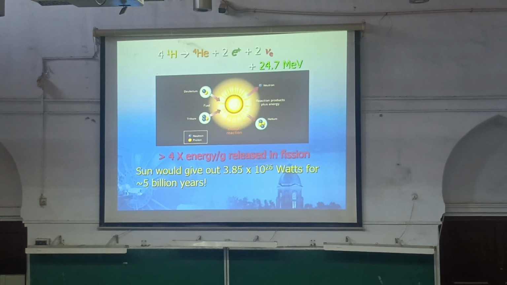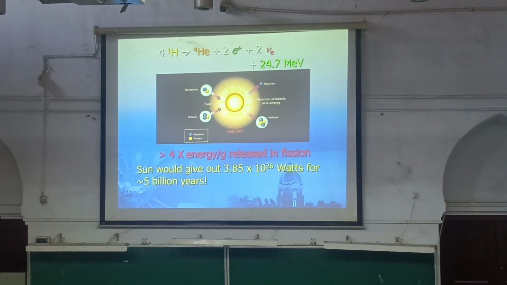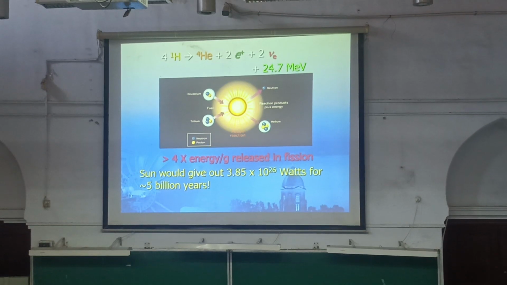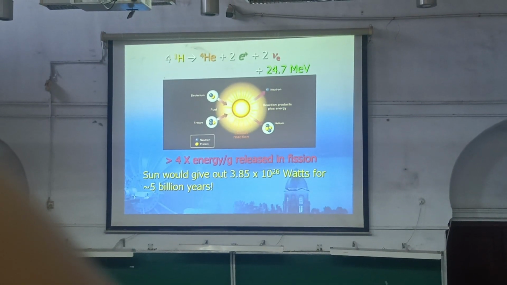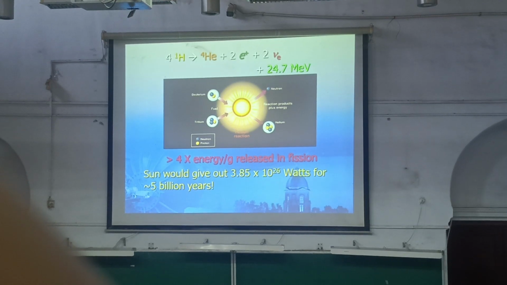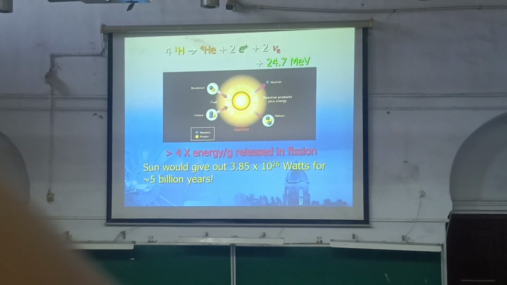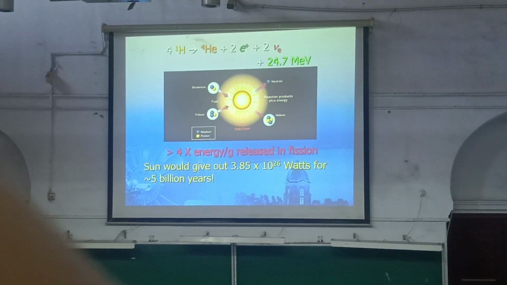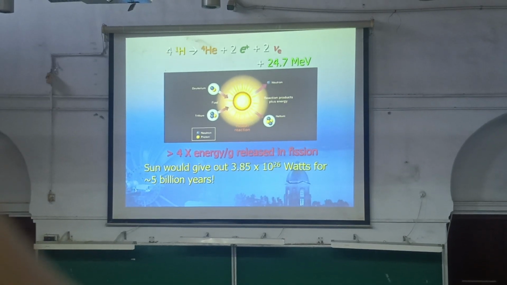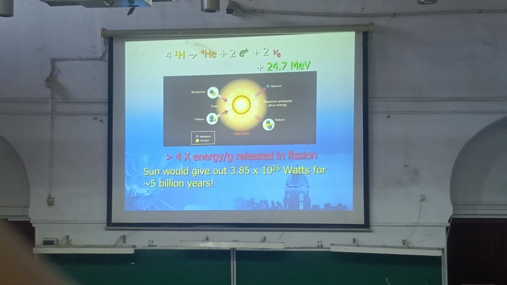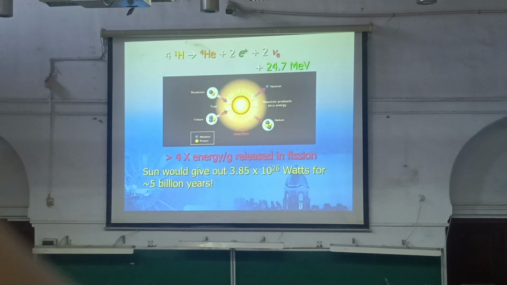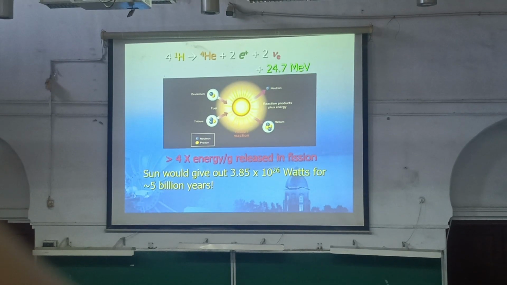The sun gives out 10 raised to power 26 watts of energy and has been doing it for about 5 billion years and will give for another 5 billion. In fact, that's how we first came to the idea that the stars get their energy from proton fusion. They could not otherwise figure out why the sun has so much energy.